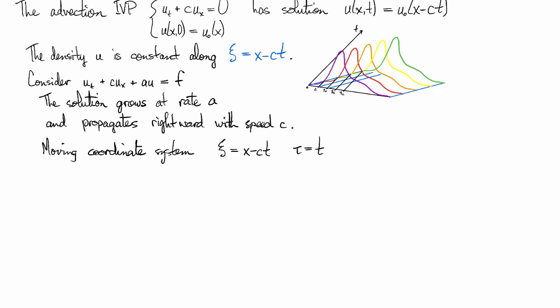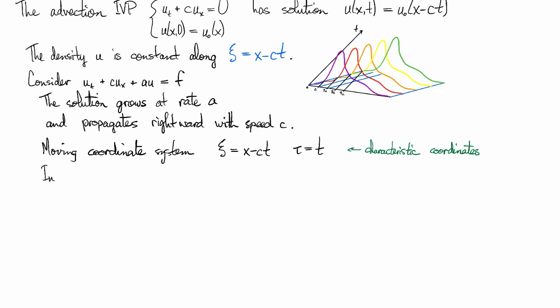And we've referred to these as characteristic coordinates. So this is sort of like the appropriately adapted coordinate reference frame for this problem, because this problem is sort of on the move.